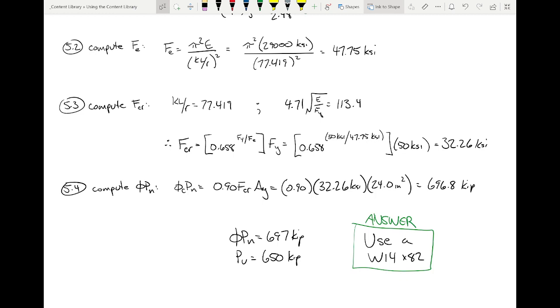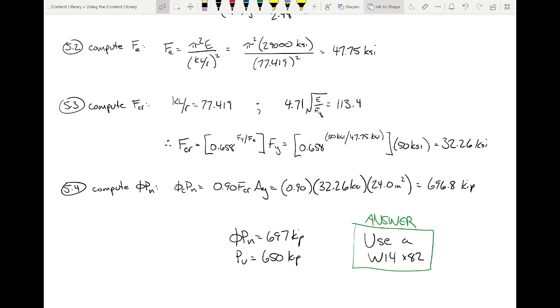Now, one thing that's new about the notation is it says, instead of KL over R, it says LC. Does everybody see that? Turn the page, and what is LC? Wait, hold on. No, sorry, it's on the previous page. If you go up to section E2, what is LC defined as? KL, you know what I mean?